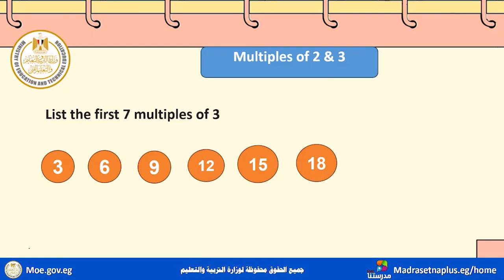How many multiples now? 1, 2, 3, 4, 5, 6. I need one more. Can you tell me the last one? Yes, the last one is 21. So I now have 7 multiples of 3: 3, 6, 9, 12, 15, 18, and 21. These are called the first 7 multiples of 3.